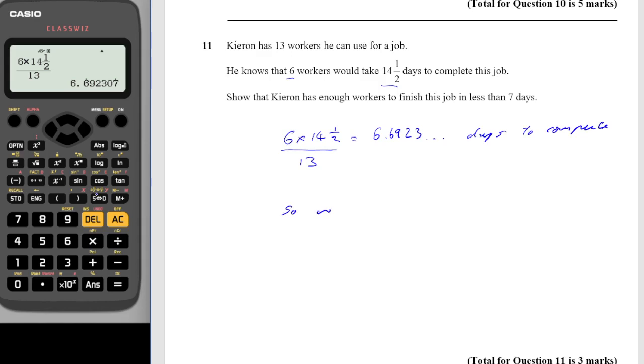So we'll be done in less than 7. And you can set this up as a direct proportion or indirect proportion and work it through that way, but I think this is the most efficient way of doing it.